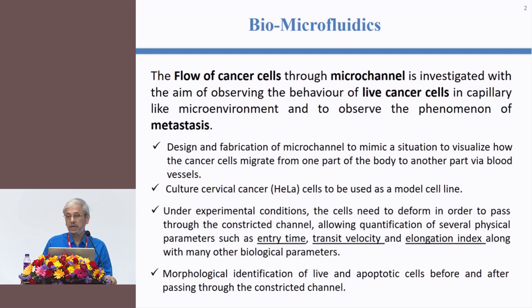There was a huge scarcity. Even now, getting specified cancer cells is always difficult. So we could get some HeLa cells. So the first part of the study is with HeLa cells. We will come to breast cancer cells in the second part, where we will show EMT transition.